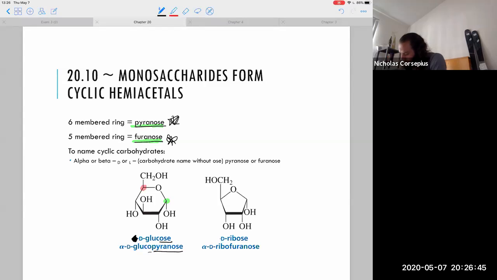And then let's actually pick this word apart as well, because I've been calling it its cyclic form. If I were being really good about it, it's called a cyclic hemiacetal.